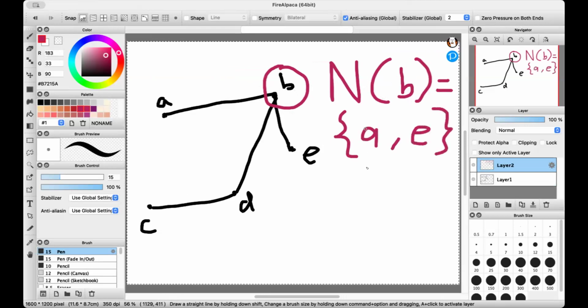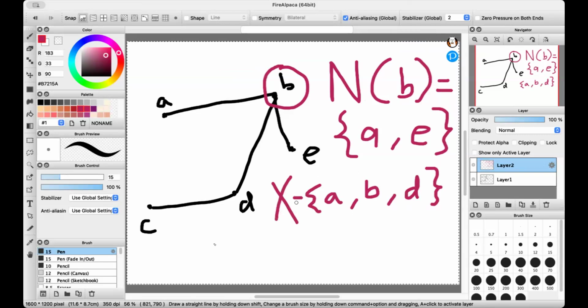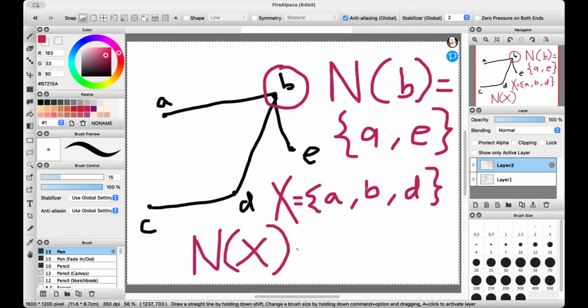We can also extend this definition to a set of vertices. Let's say I want to describe the neighborhood of this set of vertices, A, B, and D, and I call this set X, capital X. Then the neighborhood of X is the union of all the vertices that each one is adjacent to.